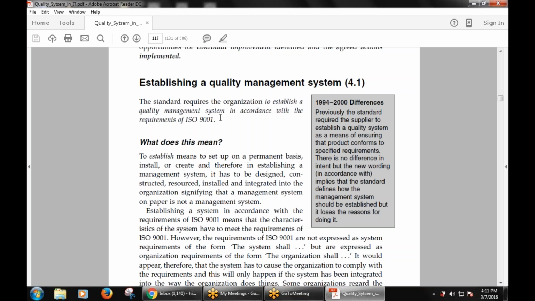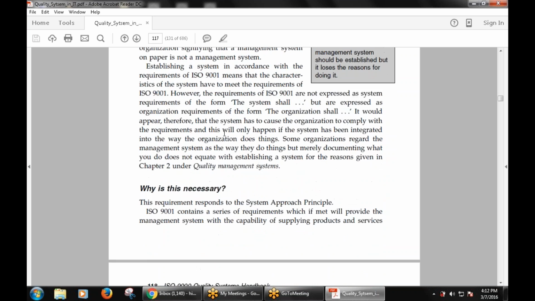So establishing a management system means creating the quality management system on a permanent basis: first install, then create, so that the system is designed, constructed, resourced, installed and integrated into the organization. On paper, that is not a management system.